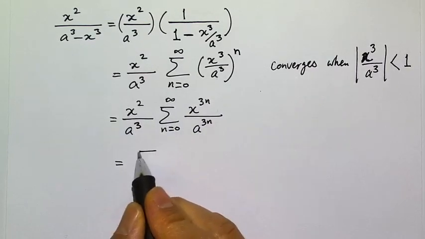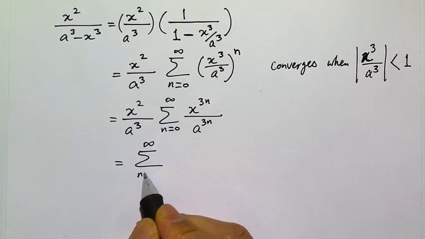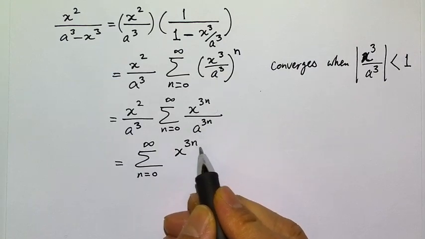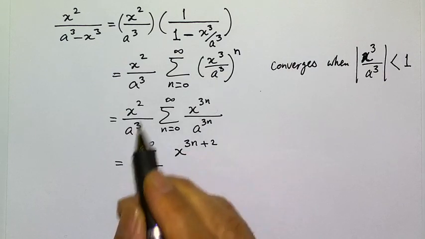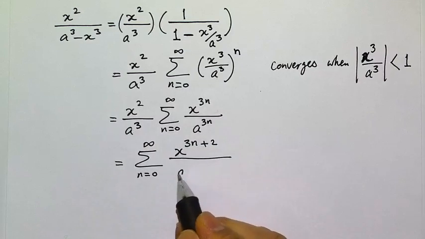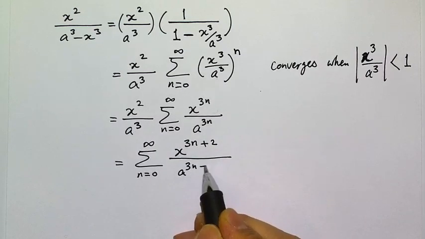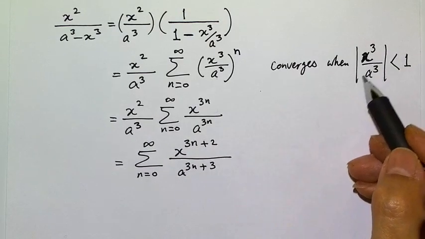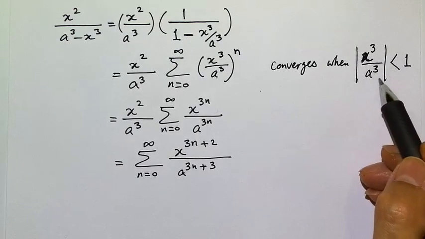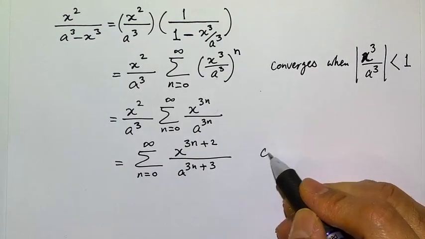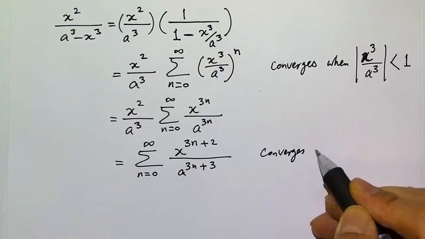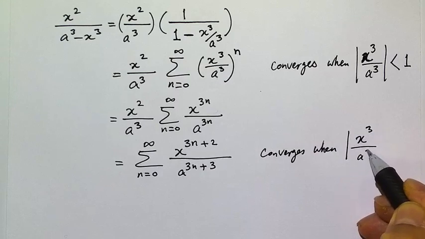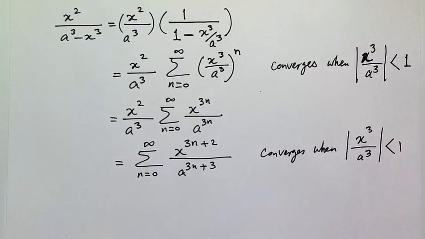What do we get? We get the series from 0 to infinity x to the 3n plus 2, right? Divided by a to the 3n plus 3. Okay, and this is still converging as this condition is true. So converges when the absolute value of x cubed over a cubed is less than 1.